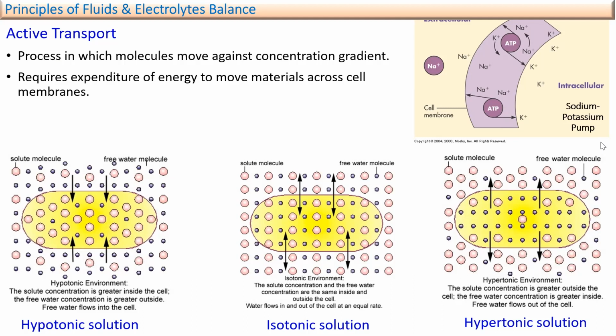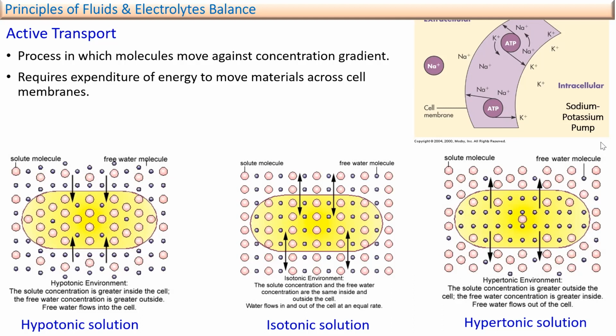So the water or fluid is going to flow in and out at an equal rate, which leads to a consistent concentration inside as well as outside the cells, because that's an isotonic solution. So isotonic solution doesn't affect the water movement, or in other words, does not expand the vascular volume.